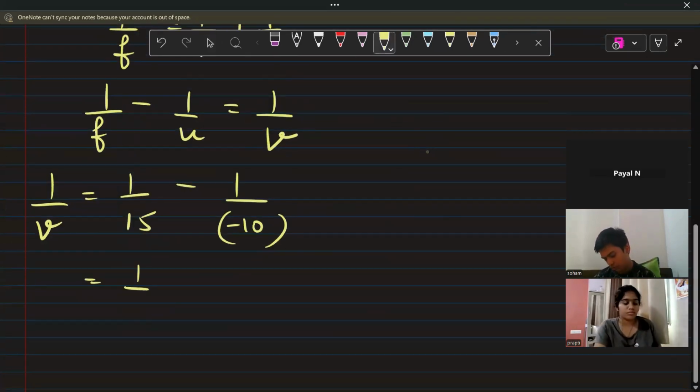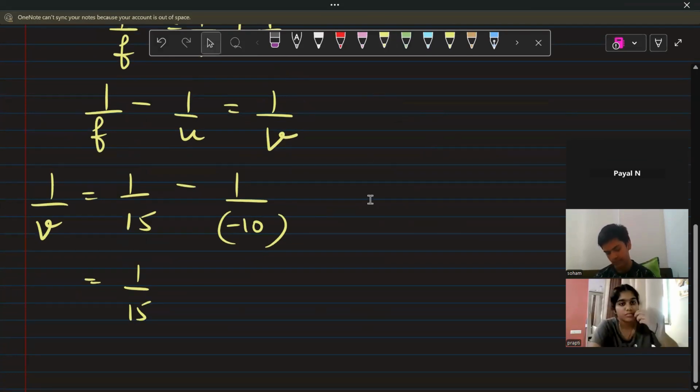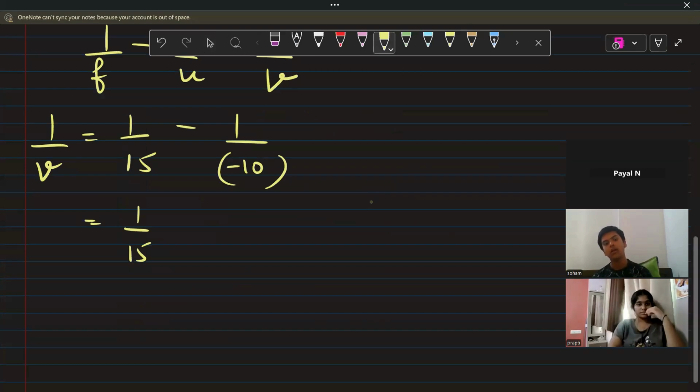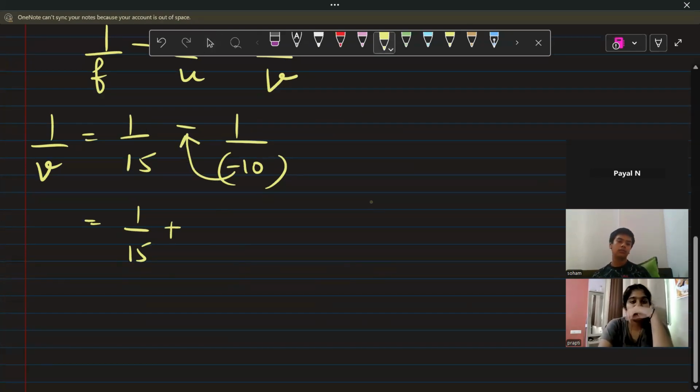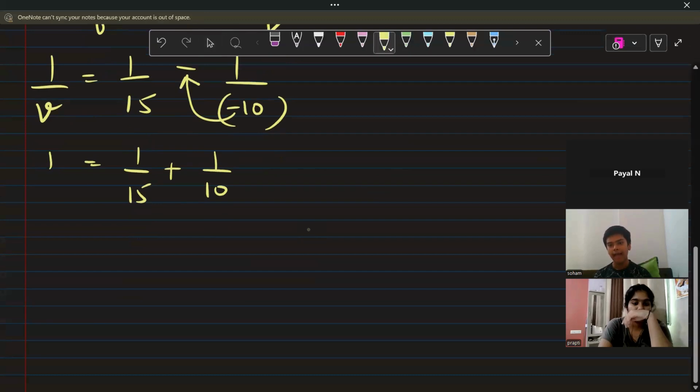So just now listen or just observe the way I'm doing the calculation. So you can see your negative sign. Can I send it over here? So minus minus becomes plus. Can I take LCM?